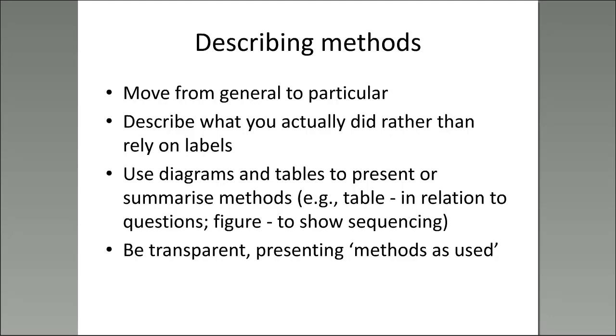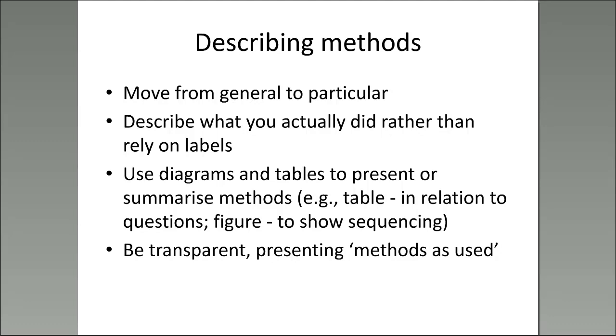I want to emphasize that you describe what you actually did rather than rely on labels. And this is a particular problem in mixed methods writing because so many of the books have provided recipes, if you like, and labels for designs and so on. It's also a problem in qualitative work that people have labels for methods.